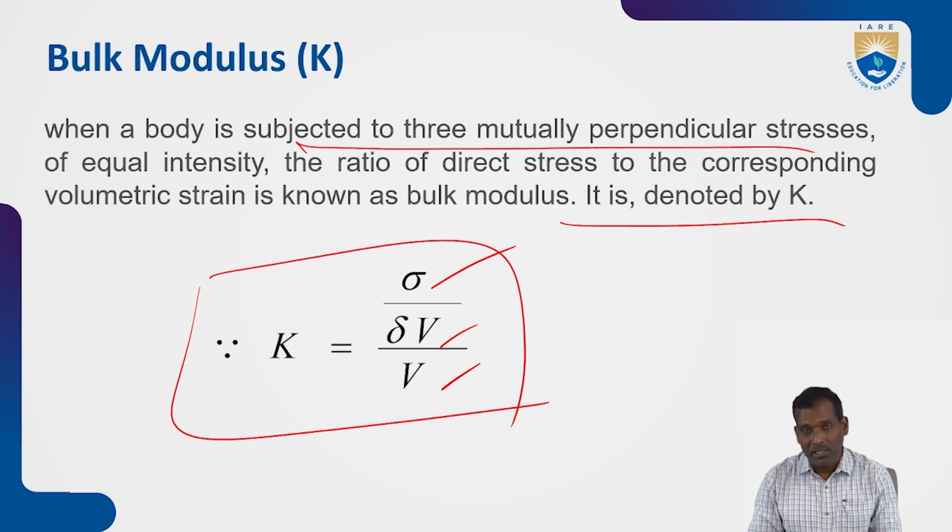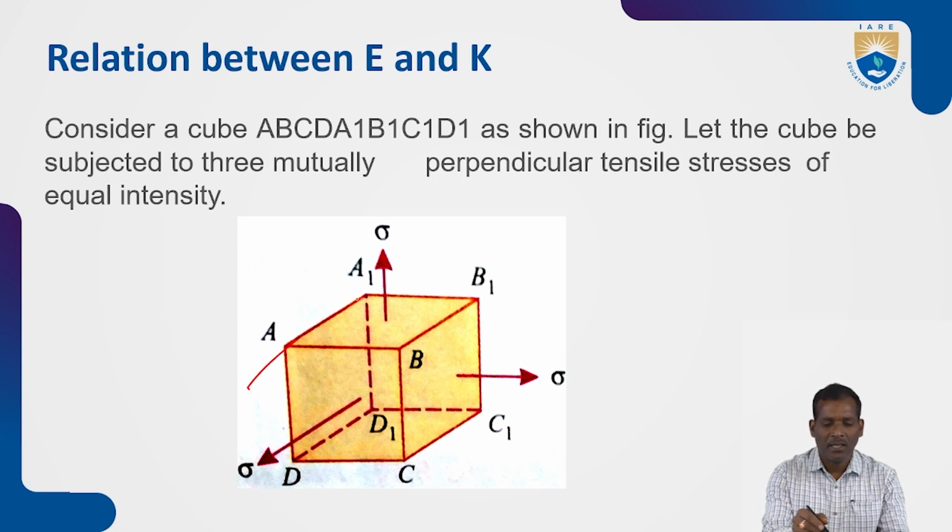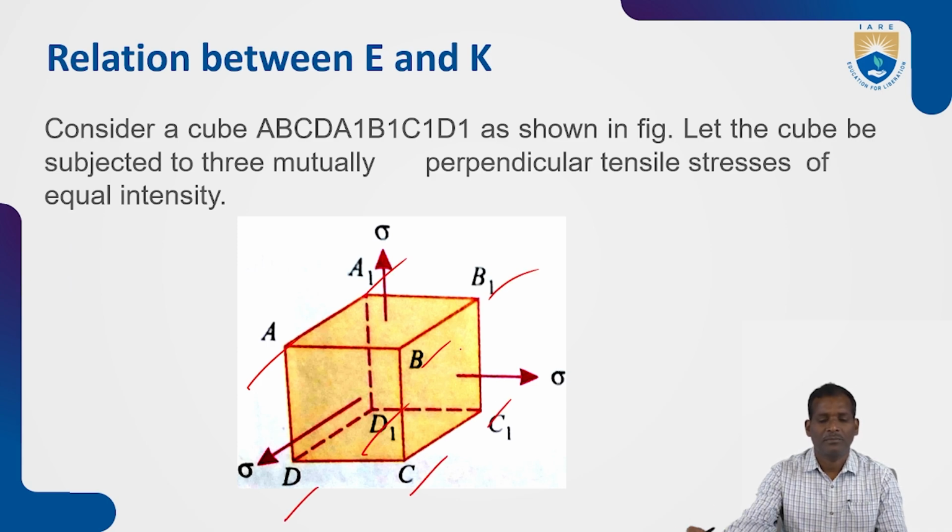And finally we will see what is the relation between E and C and K. First we will see the relation between E and K. So consider a cube ABCD, A1, B1, C1 and D1.